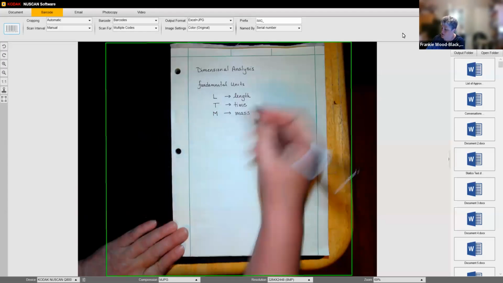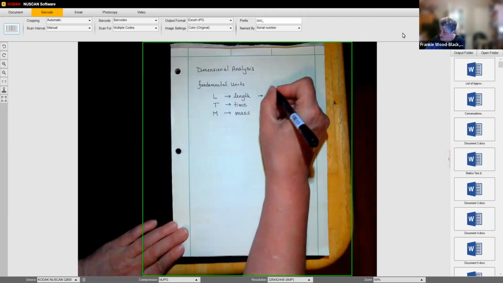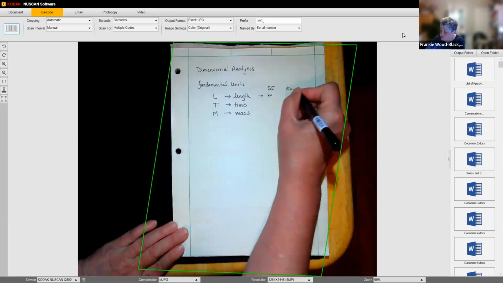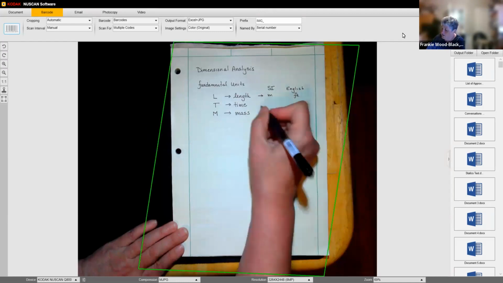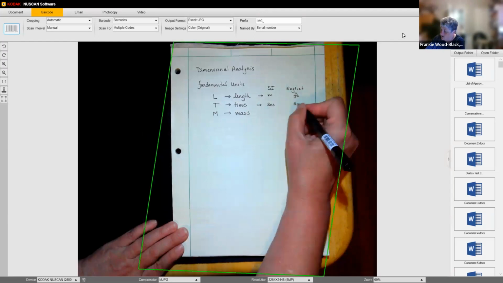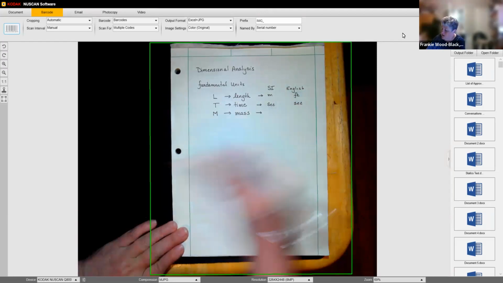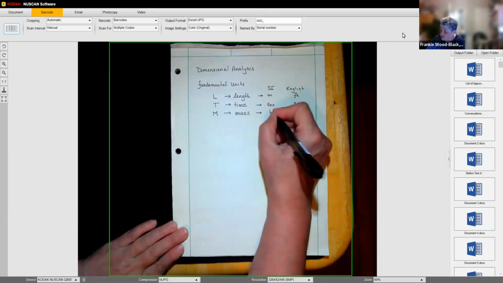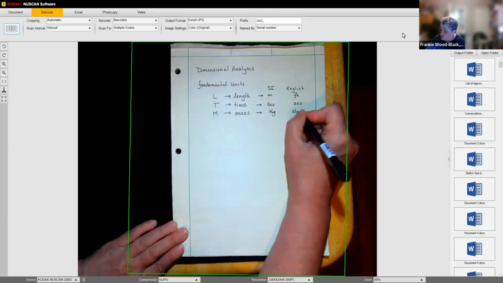So length could be in meters if we're using SI units. If we're using English units, this would be feet. Time, we're lucky because that's seconds and that's seconds. Now mass is going to get a little strange. SI units are kilograms and English units is a weird unit called a slug.